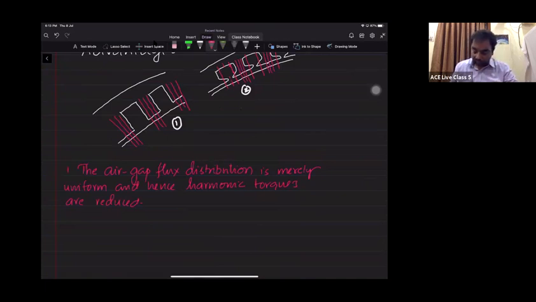What is the second advantage we are having? As the slots are partially closed, if this ionization is not maximum, say only partial ionization, then only a part of the area will be occupied. If the ionization process is more, then the surrounding area will be increased. So here also in case of semi-closed, as the slots are partially closed, some of the air content is reduced.